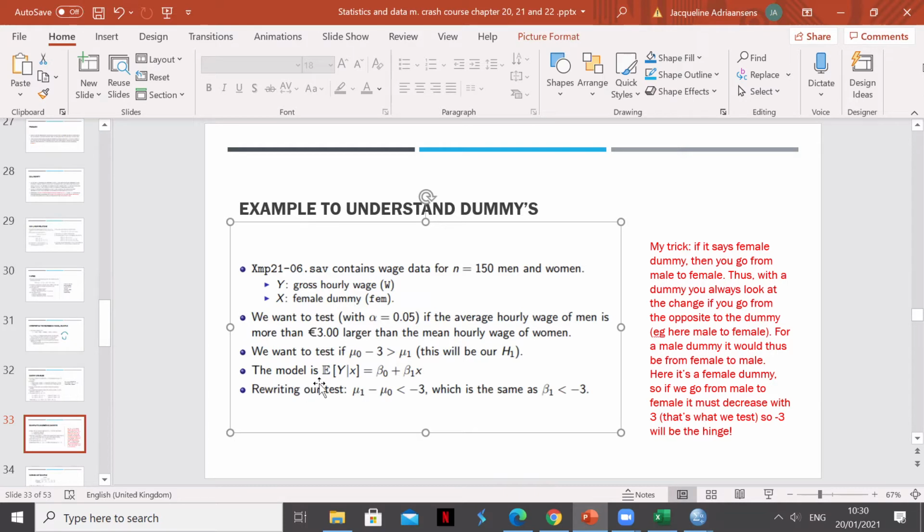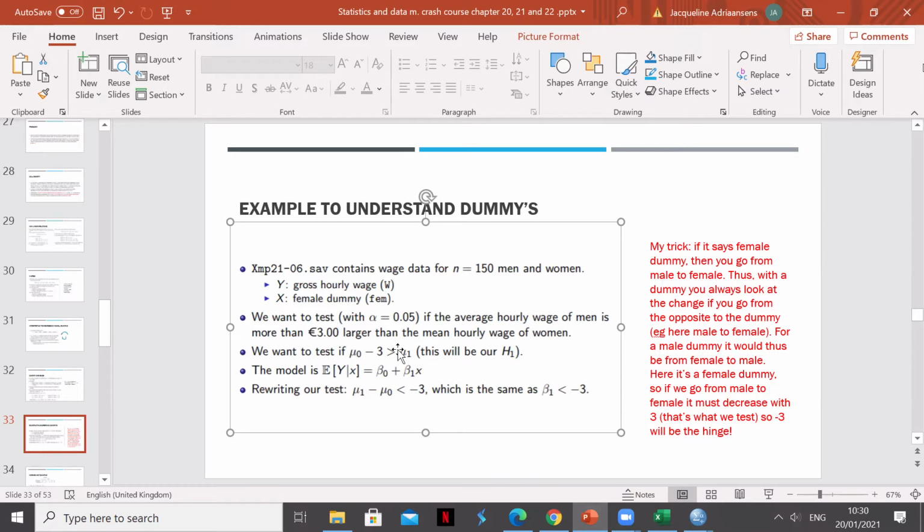Since we have the model beta 0 plus beta 1 x, we get U1 minus U0 is less than minus 3. If you rewrite this, then you get this. And since this is our beta 1, beta 1 should be less than minus 3. But I think you can conclude that a lot easier.